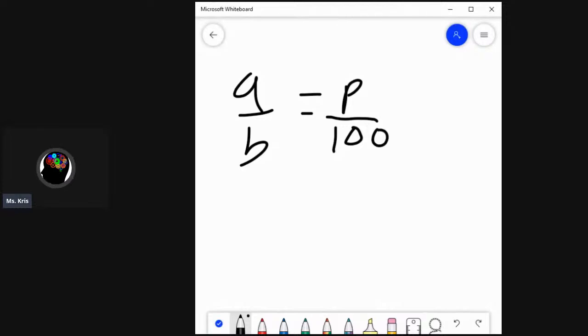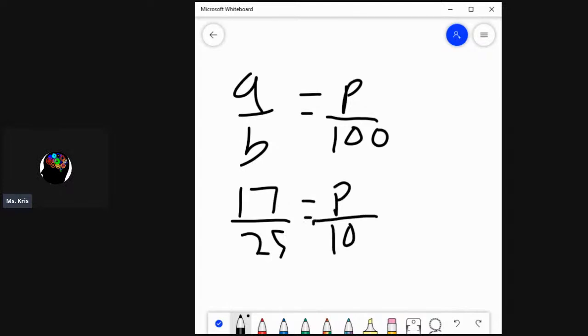Well, we know that we are looking for what percent is 17 out of 25. So whenever you have a question that says what percent of 25 is 17, this question is simply saying 17 out of 25 is what percent?